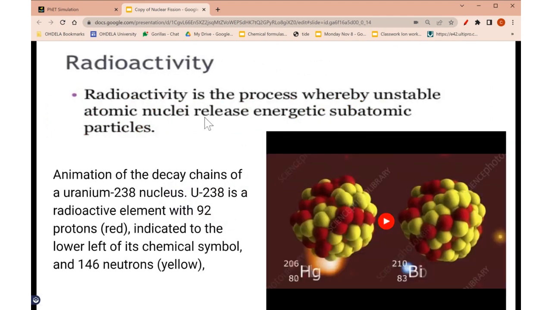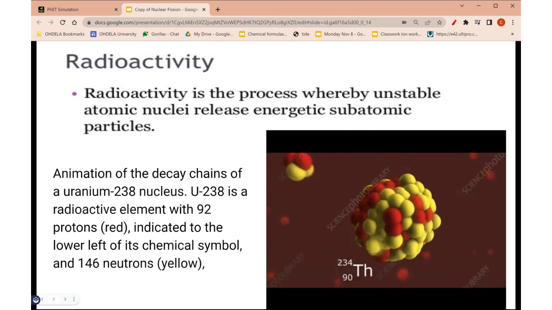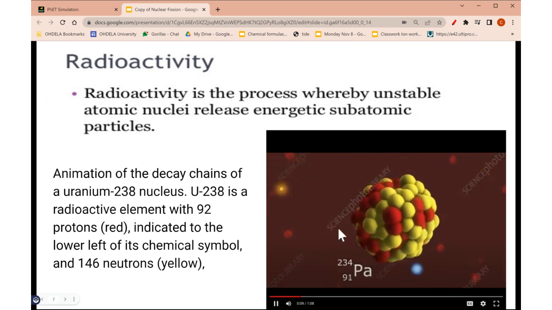So radioactivity is a process whereby unstable nuclei release energetic substances. Here's an animation of the decay of uranium-238. The red are the protons, the yellow are the neutrons.